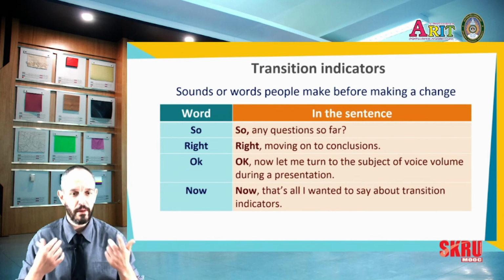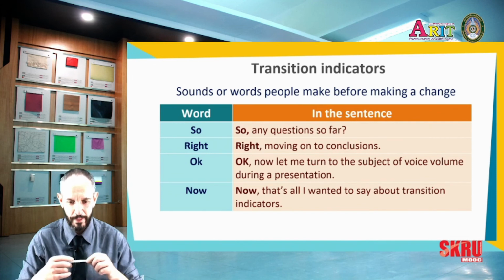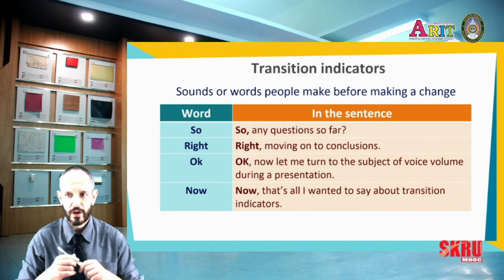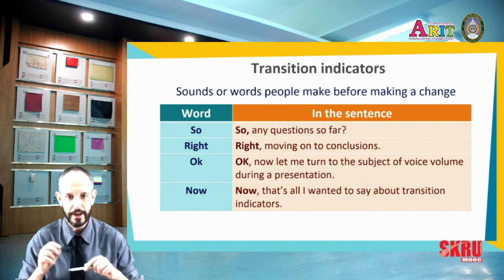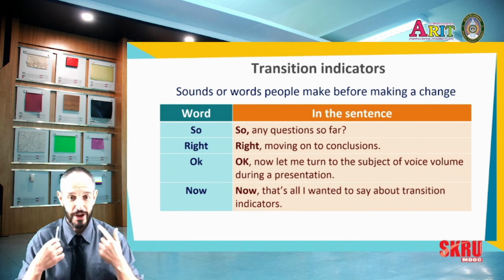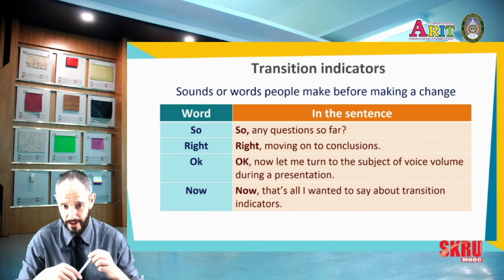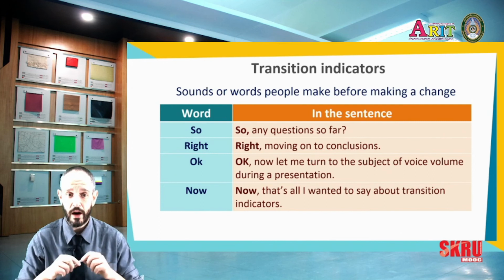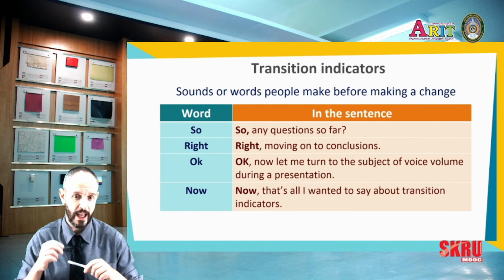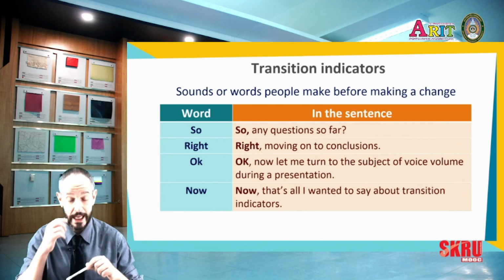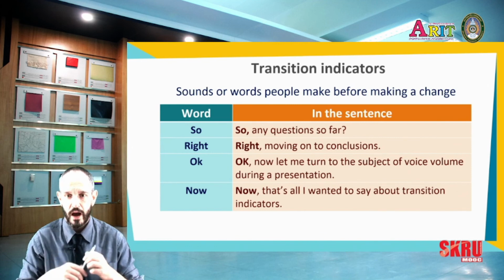These are common words that people use during a presentation. Good presenters use them in moderation, which means just a little bit. I probably use them a little too much, but they are very useful to indicate when someone's making a transition.